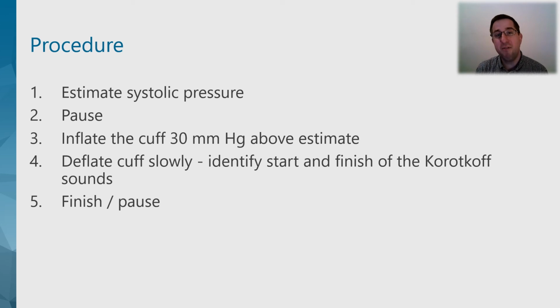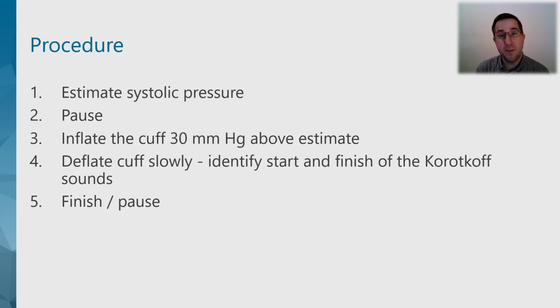You then re-inflate the cuff to 30 millimeters of mercury above the estimated number that you've just got. You then deflate the cuff slowly at about 2 millimeters of mercury per second, nice and steadily reducing that pressure.